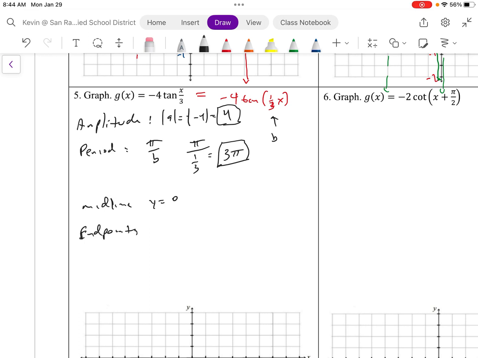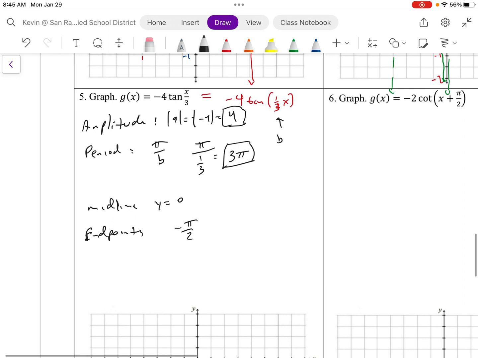My endpoints, well, let's see, no, we're tangent. Okay, tangent, tangent, tangent. So normally our endpoints would be negative pi over 2. Well, let me do it this way.